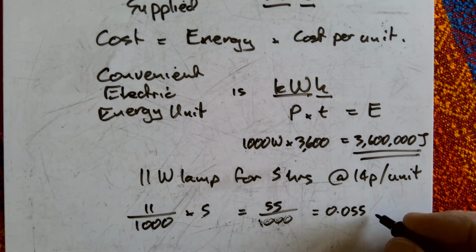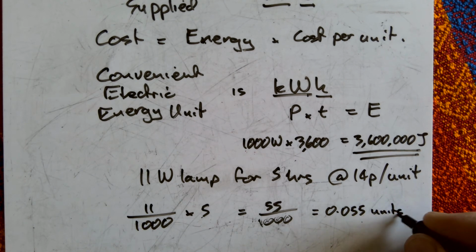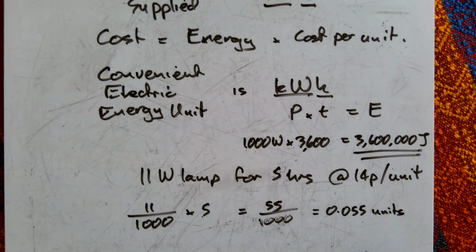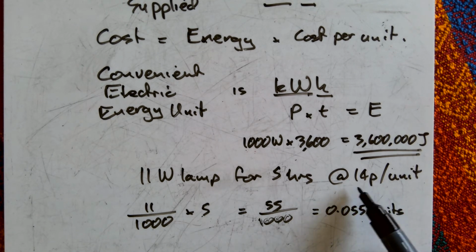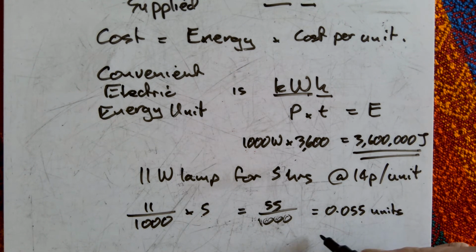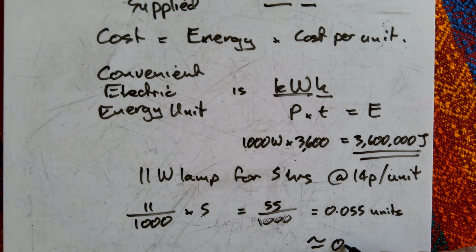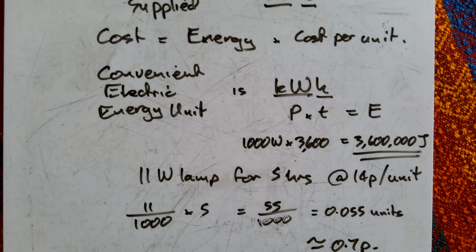That's how many units, times by 14p. I should make clear, 14 pence, not pounds. So that's equivalent to around 0.7 pence, not pounds, pence.